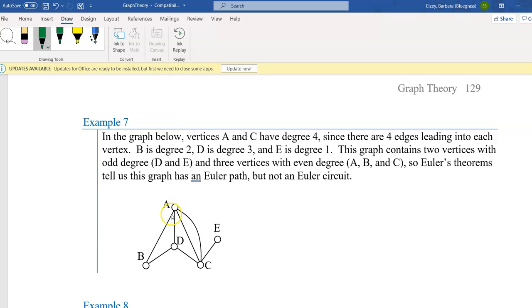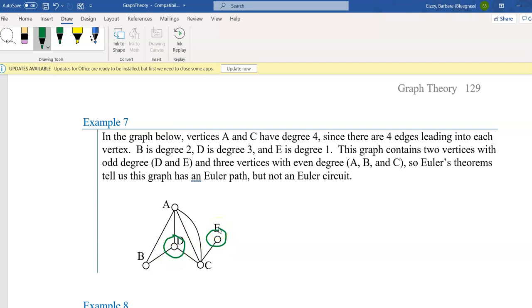If we look at A, 1, 2, 3, 4 coming out of A, so that's even. B, 1, 2 coming out of B, so that's even. 1, 2, 3 coming out of D, so that's odd. Out of C, 1, 2, 3, 4, that's even. And out of E, it has one edge coming out of it, so that's odd. So we have two odd vertices, D and E.